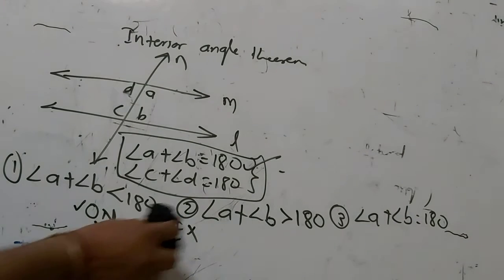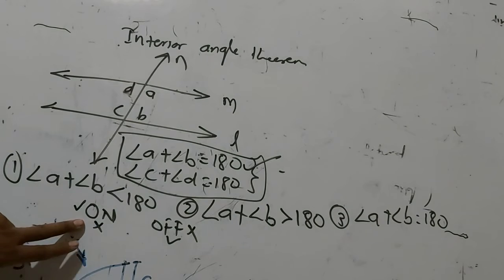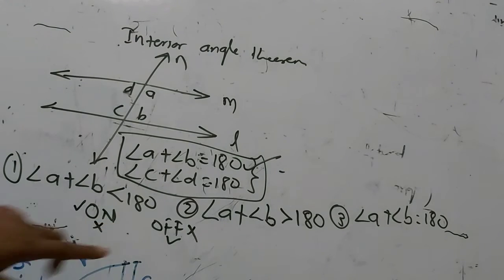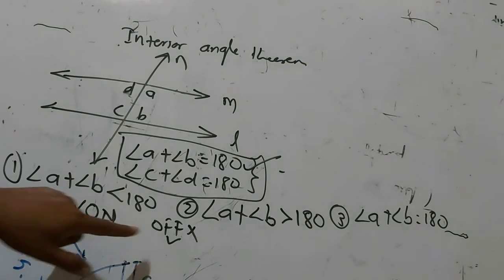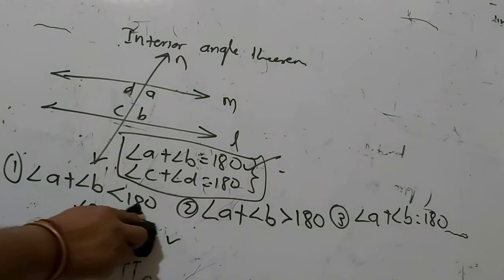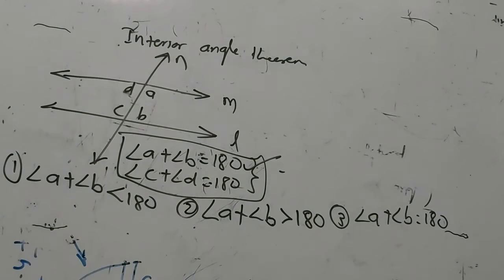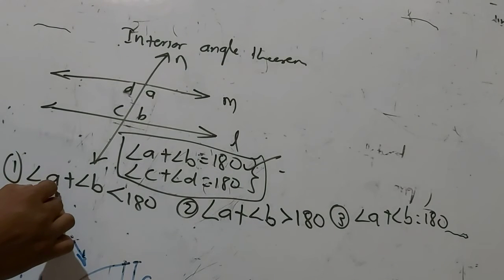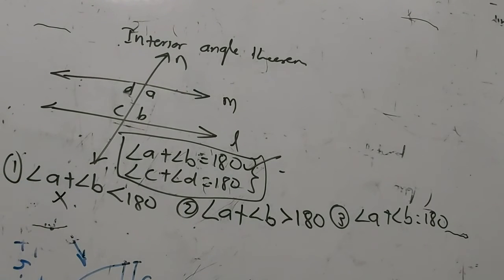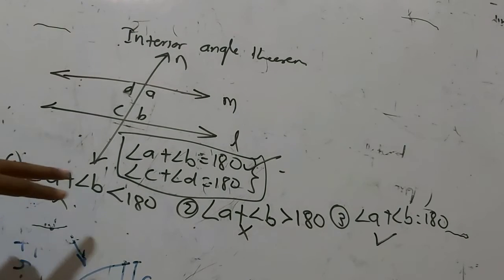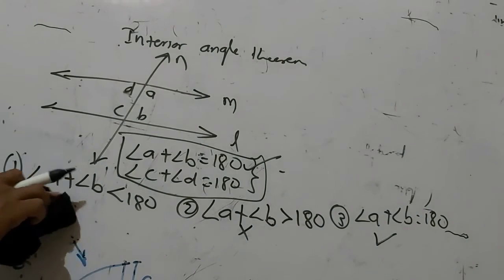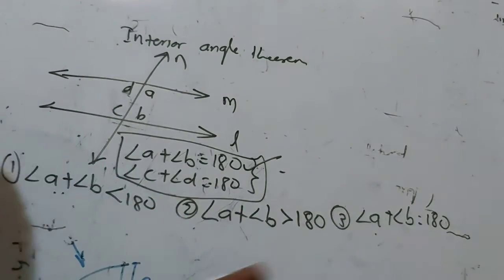In the same way, here three are there. If you consider one as wrong, then obviously the next option will be correct. If you prove the first one is wrong, the second one is wrong, then you can say easily that the third one is absolutely right. That is what we will prove.